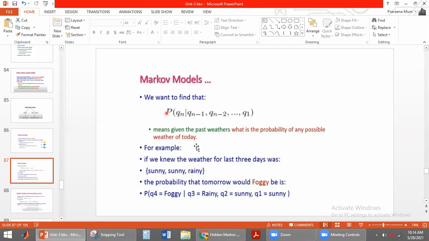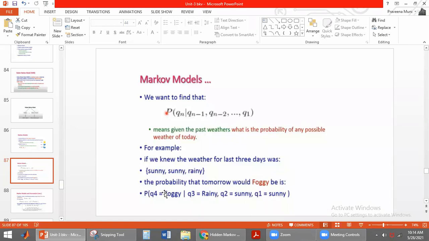For example, we know the weather for the last 3 days. The first day was sunny, the second day was also sunny, the third day was rainy. Sunny, sunny, rainy are the weathers on the past 3 days.